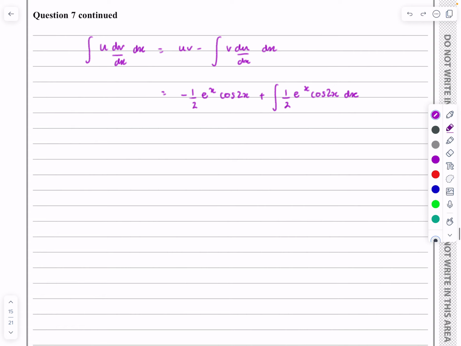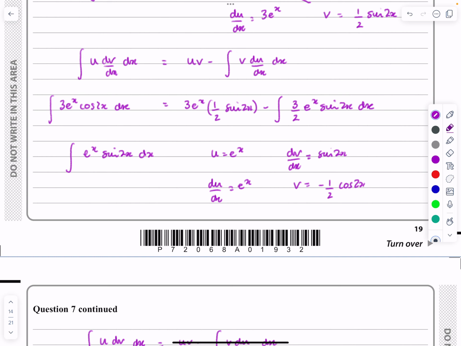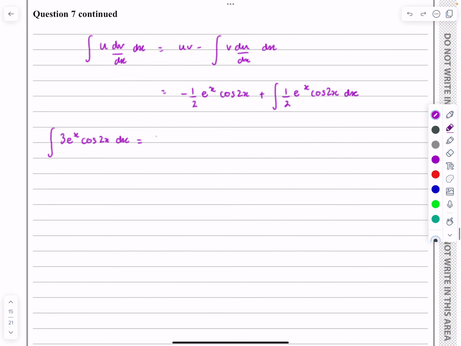So I've got that the integral of 3e to the x cos 2x dx is equal to, we had 3/2, I'm looking at this one there, we had that term, which is 3/2 e to the x sine 2x. And now let's just be careful with my signs here.